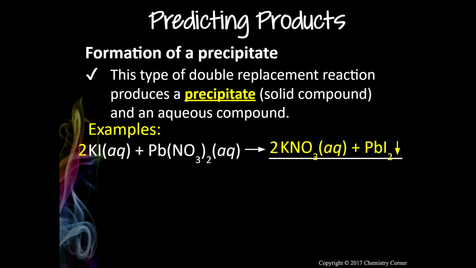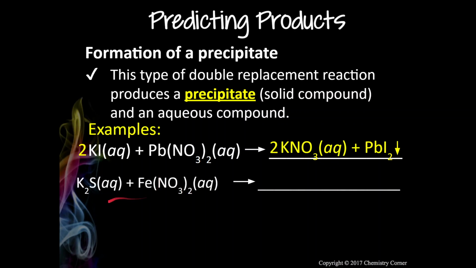Those are in the soluble compounds, but if you look to the right at the exceptions box, you see that lead iodide is an exception, and so it will precipitate out and form a solid. That is then a double replacement reaction with a precipitate.